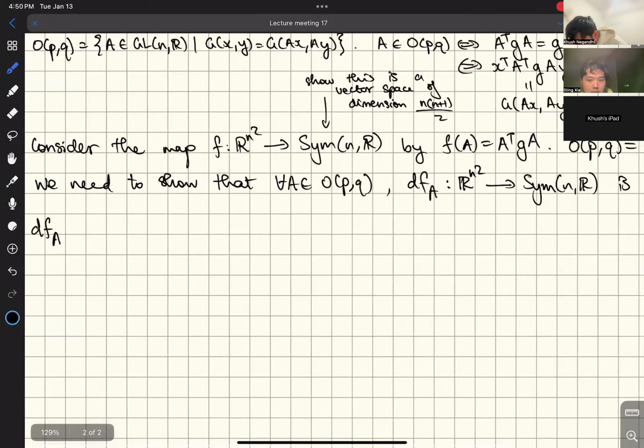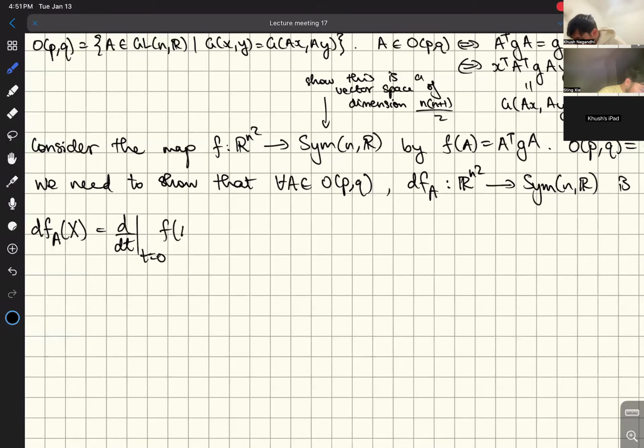So df of A at some vector X is d/dt of f of A plus tX, because this is a curve that goes through A and has derivative X and lives in your space. And then, just computing this out, we get the following.